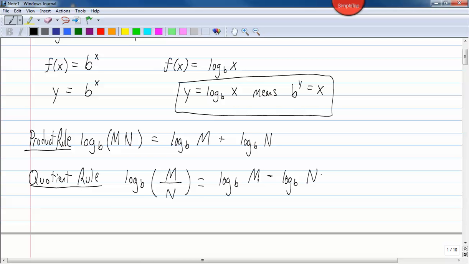And again, you can use that in reverse. If you have log base b of m minus log base b of n, that is equal to log base b of the quotient.